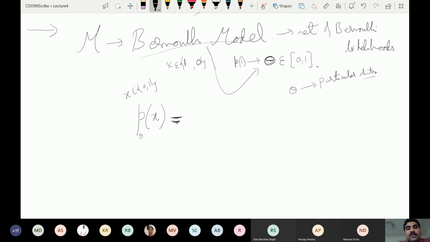What is the likelihood of x when the probability of 1 is theta? Theta, always theta for any x? No. When x is equal to 1, then it is theta. Otherwise, it is 1 minus theta.